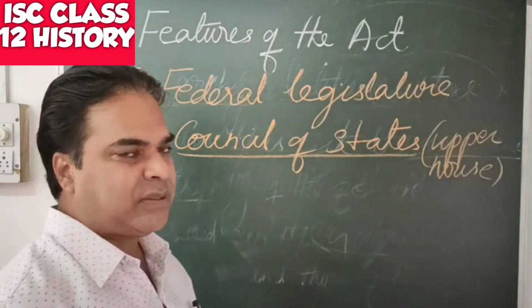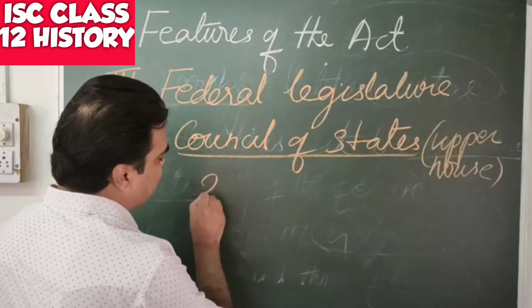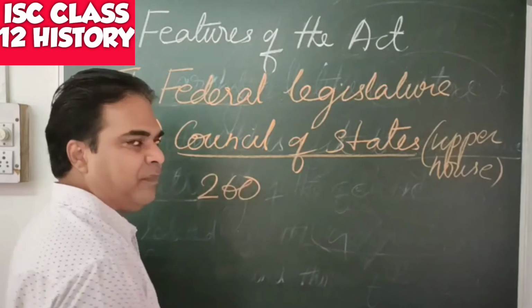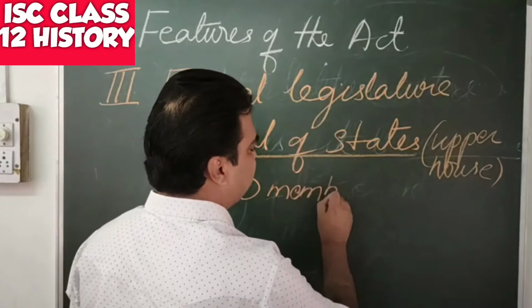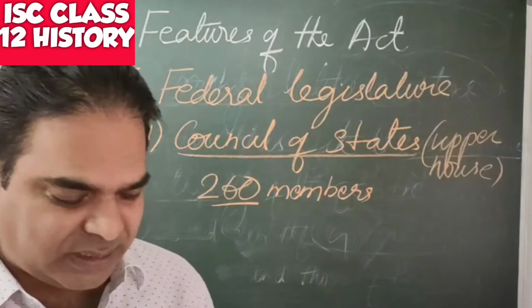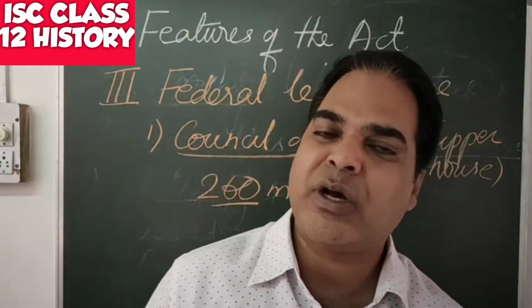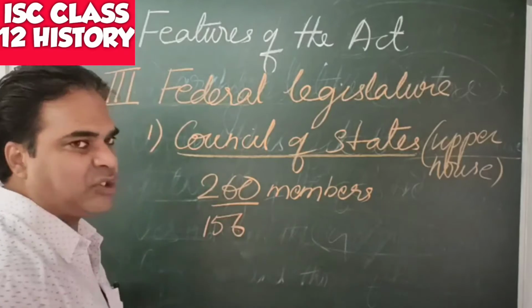Okay, the first one was the Council of States, and it consisted of how many members? 260 members.